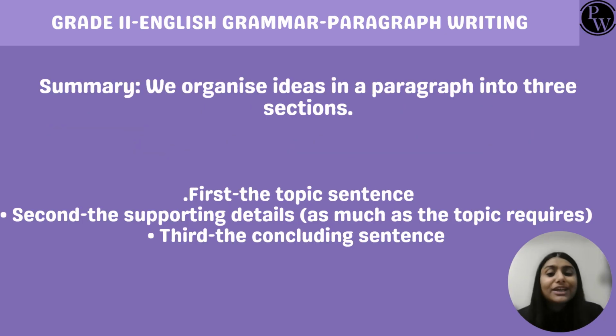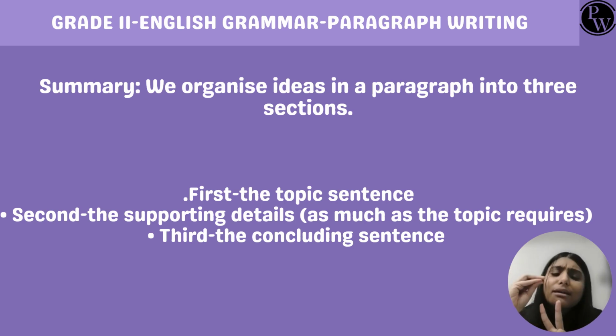Now, to summarize whatever we've learned today. So how do we write a paragraph? We organize ideas in a paragraph into three sections. The first is the topic sentence, the way you introduce your topic to the reader. Then the second is the supporting details.